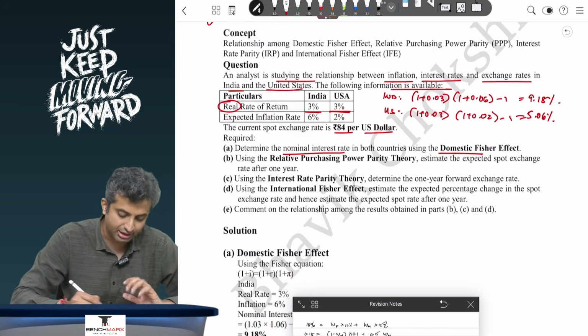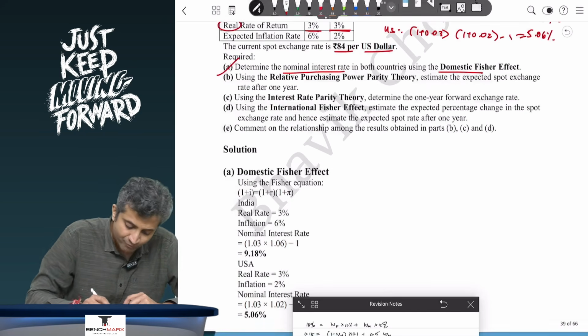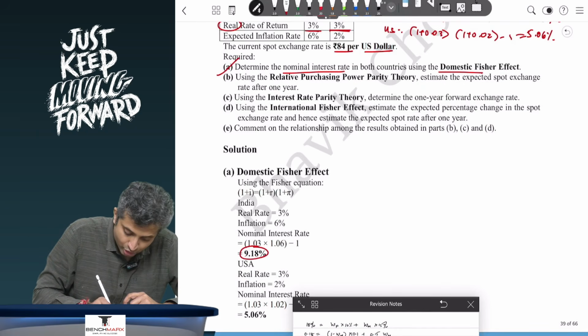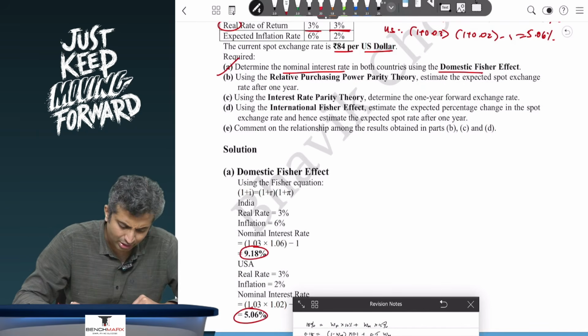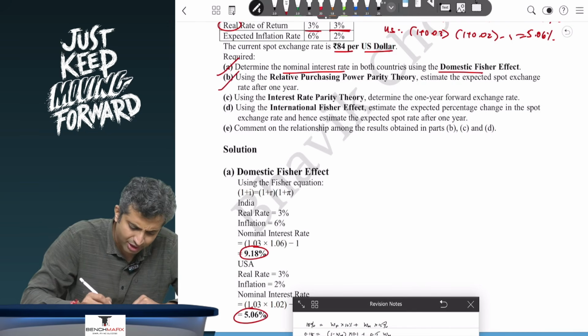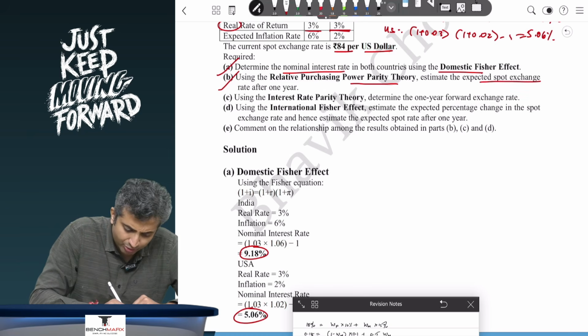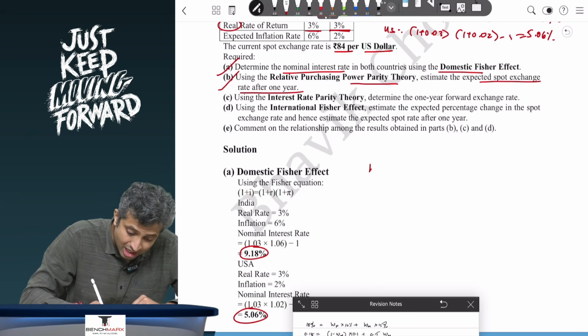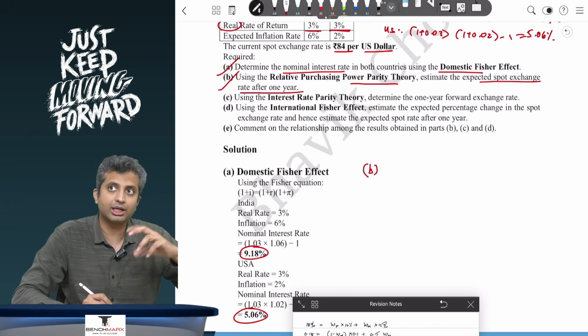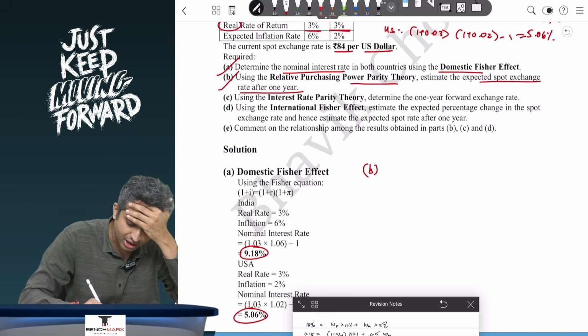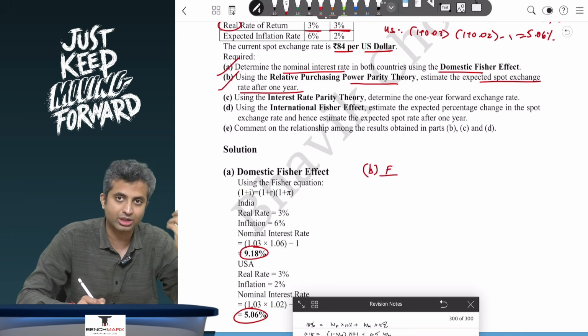So here they're just saying using the domestic Fisher effect. If a question like this comes, you should not be taken aback. You would have done this calculation almost certainly. Next, using the relative purchasing power parity theory, estimate the expected spot exchange rate after 1 year. Now, here I will take inflation. Purchasing power does not take interest, it takes inflation.